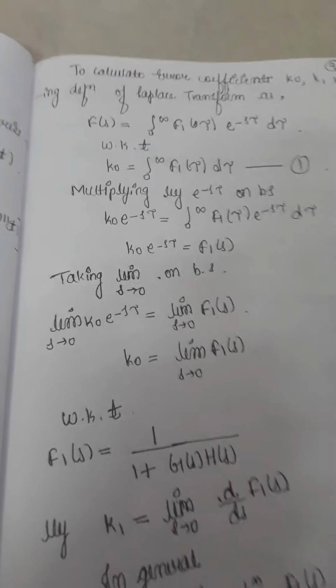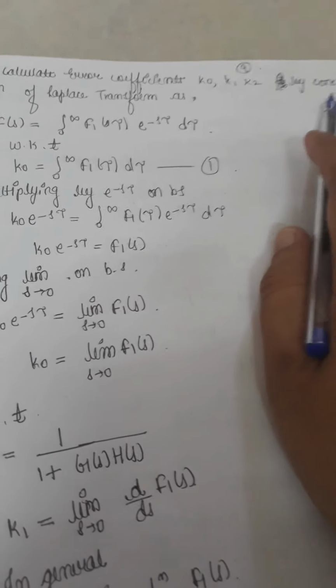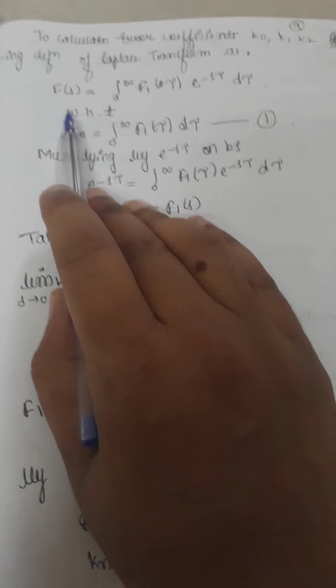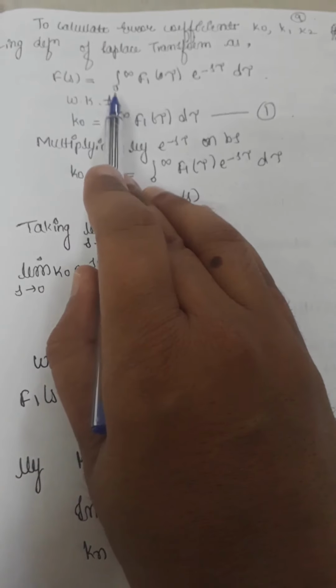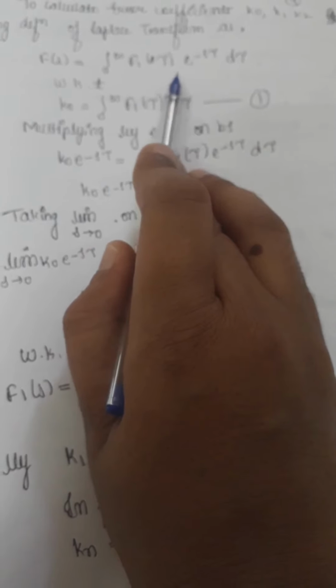Now, to calculate the error coefficients k0, k1, k2, by considering the definition of the Laplace transform, we know that the Laplace transform F(s) is the integration from 0 to infinity of f1(tau) into e to the power of minus s tau d tau.